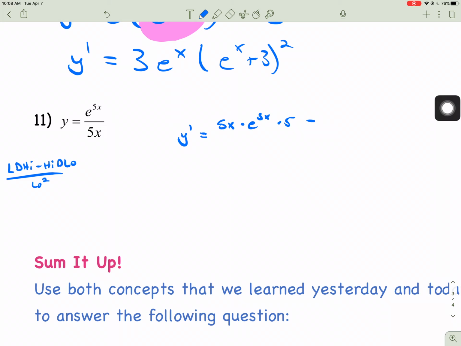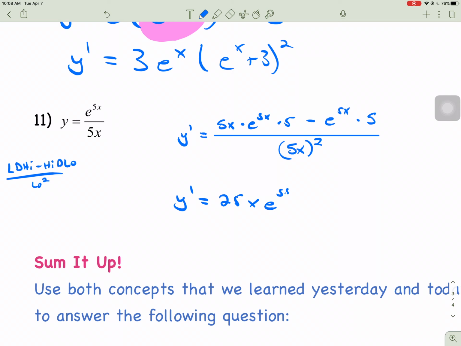Minus high times the derivative of the bottom, which is just 5, all over 5x squared, which if we want to clean that up a little bit, 25x e to the 5x minus 5 e to the 5x over, you could just leave it 5x squared or 25x squared.